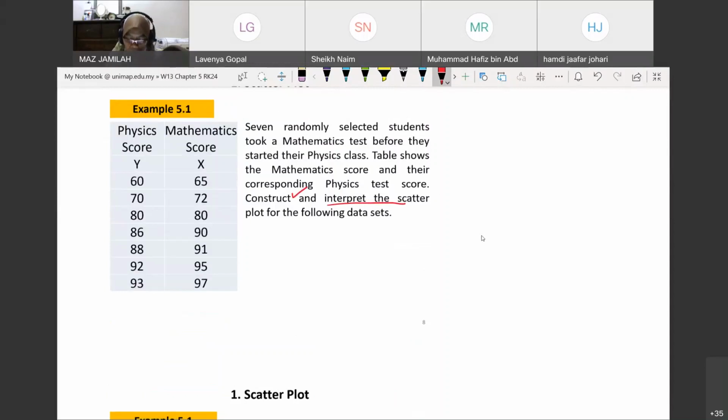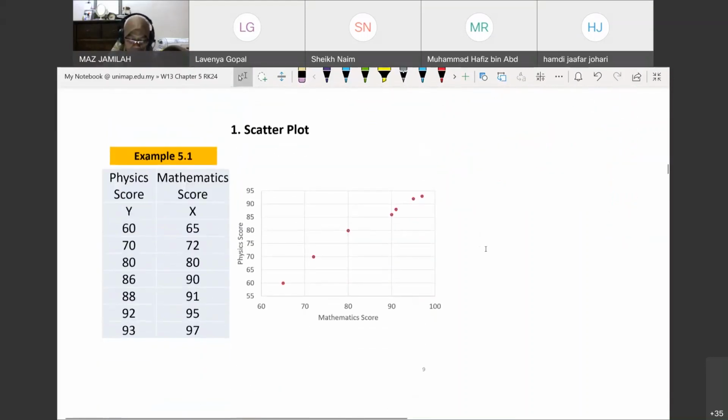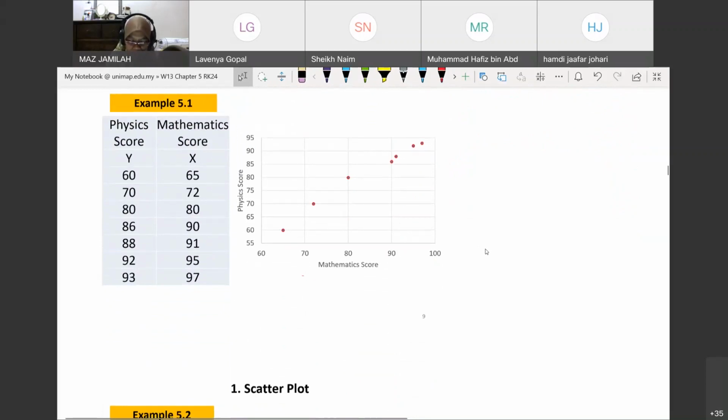In terms of interpreting, you need to mention the linear relationship, whether it is positive or negative. We know when it is positive, it looks like this, and if it is negative, it looks like this one. So what can you tell from here? You can see as x increases, y also increases.